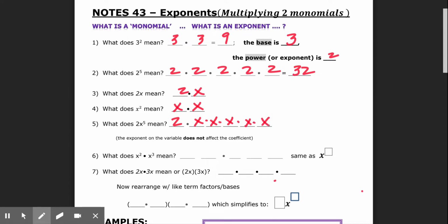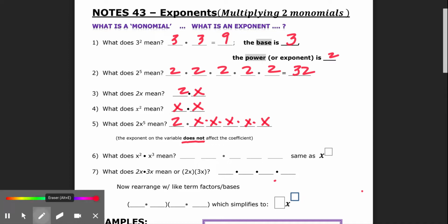The exponent on the variable does not affect the coefficient. So that just means that the 5 is with the x, it is not with the 2, unless, of course, this were to be in parentheses, but it's not, okay?